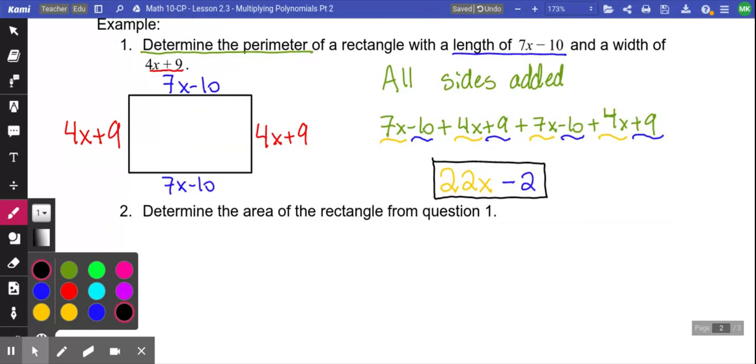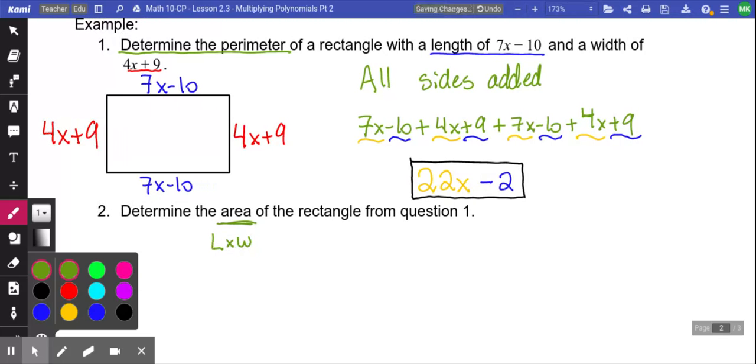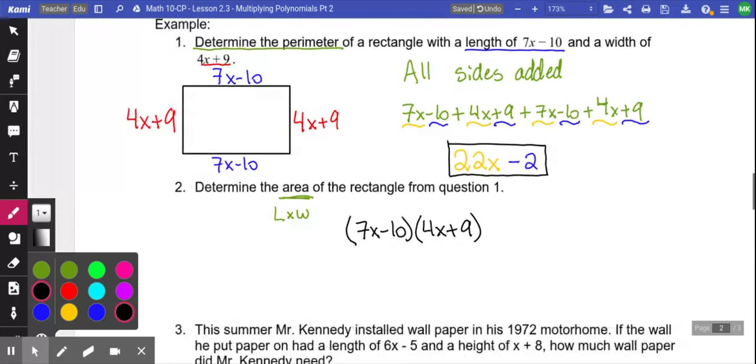Perfect. Part B, determine the area. Area is length times width. So if I want to do the area of this thing, I need to do 7x minus 10, that's the length, times 4x plus 9, that's the width.